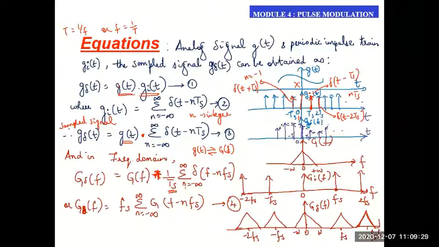Summation as usual from minus infinity to plus infinity. And finally, how do I simplify this convolution of G of F with the summation of impulses? These are frequency shifted impulses. Here 1 by Ts is nothing but Fs.